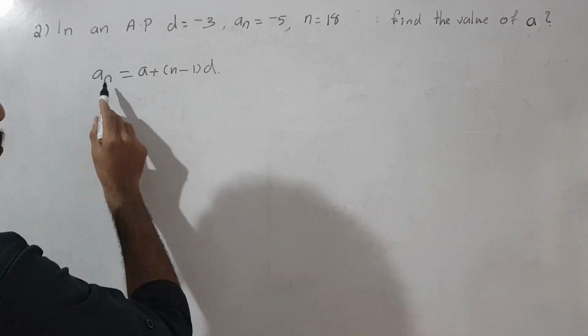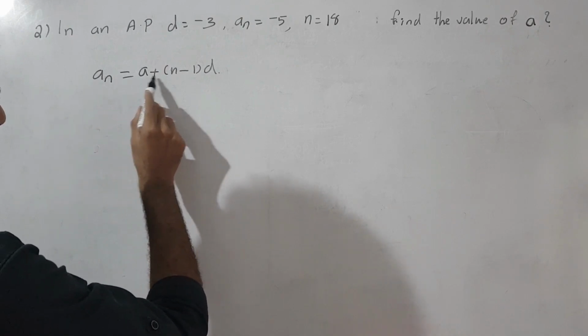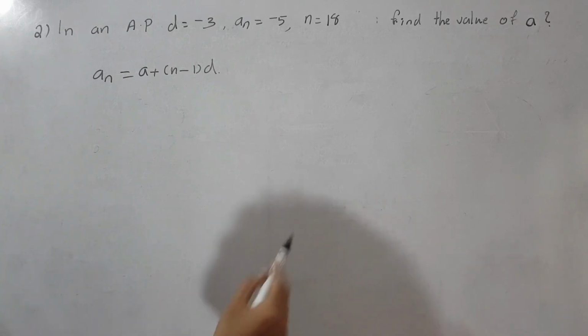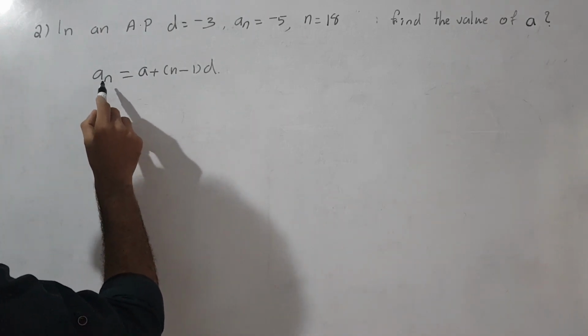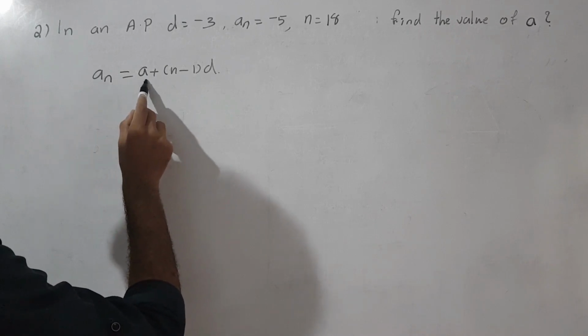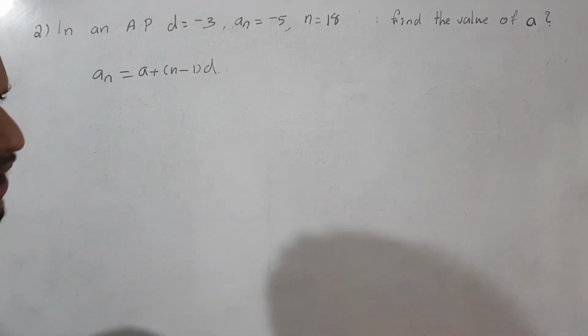The same equation we use to find d if an, a and n are given. The same equation we use to find n if an, a and d are given.